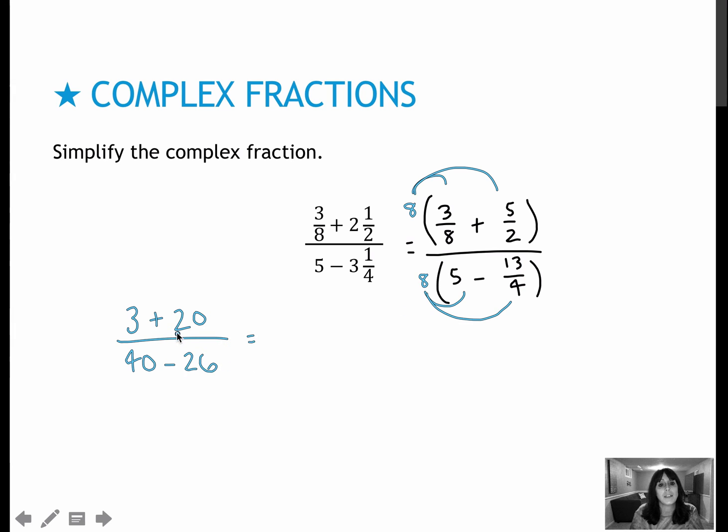If I simplified the top, 3 plus 20 is 23. And on the bottom, 40 minus 26 is 14. 14 goes into 23 one time with 9 left over, so 1 and 9/14 is the correct response. Again, you could have chosen a method other than the one that I chose, but you should end up at 1 and 9/14 no matter what.